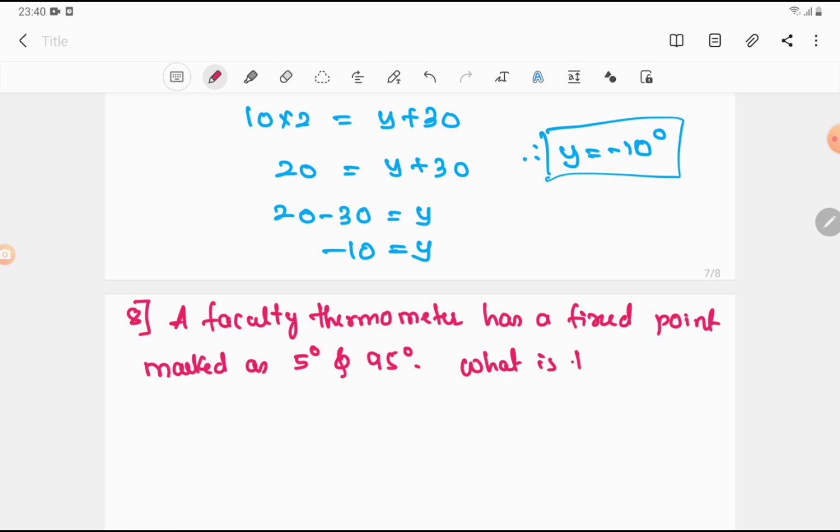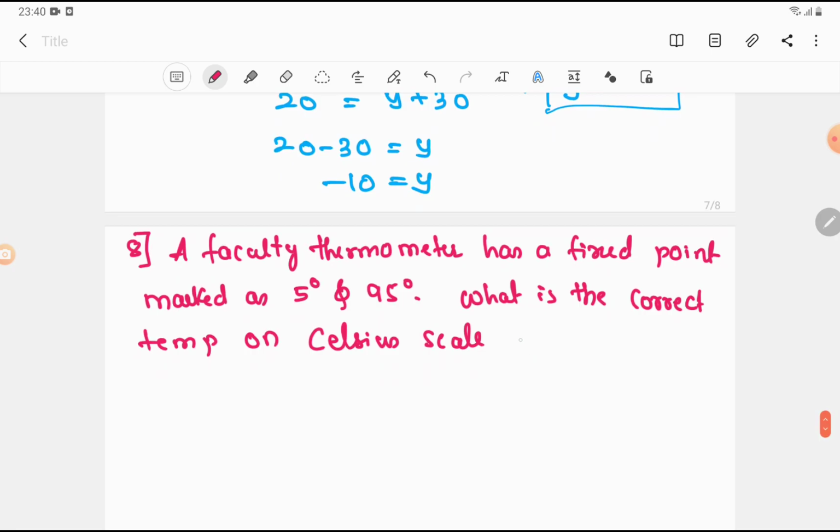What is the correct temperature on the Celsius scale when this thermometer reads 59 degree? Very simple.